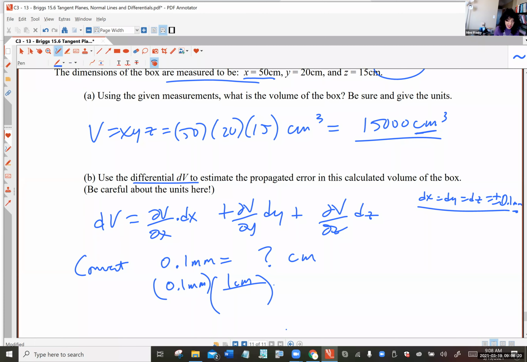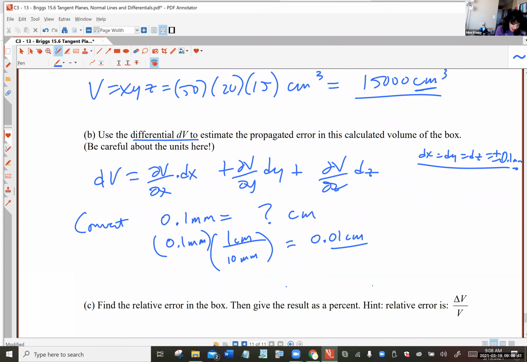I believe that there are 10 millimeters in 1 centimeter. And so if you do this, something like this, you'll get what? That'd be 0.01 centimeters. Yeah, so you want everything in the same units, otherwise we'll get in some weird trouble here. So the dx, the dy, and the dz are all going to be plus or minus 0.01 centimeters.